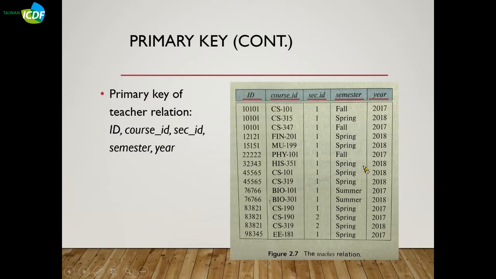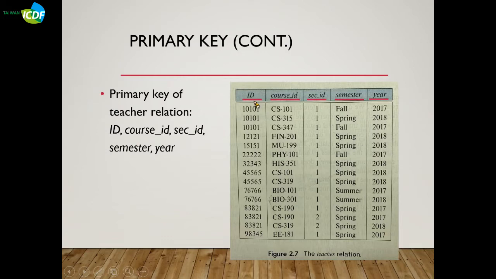In this table, we can find any single attribute is duplicated. So any single column is not qualified to be a primary key due to duplications.